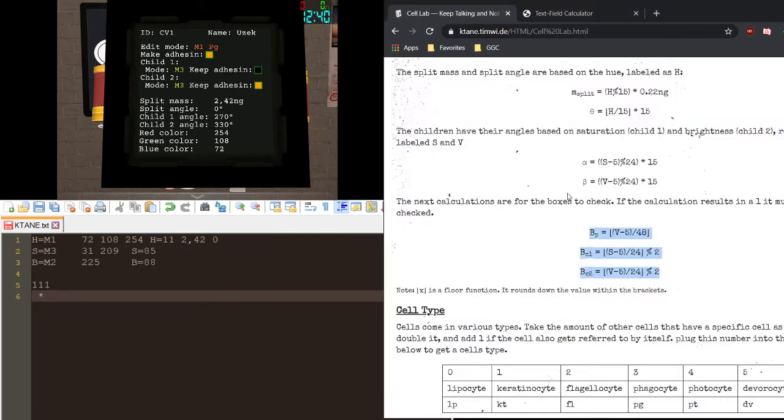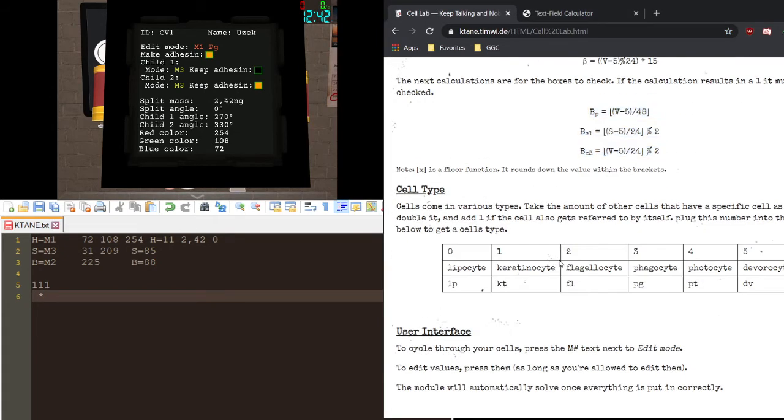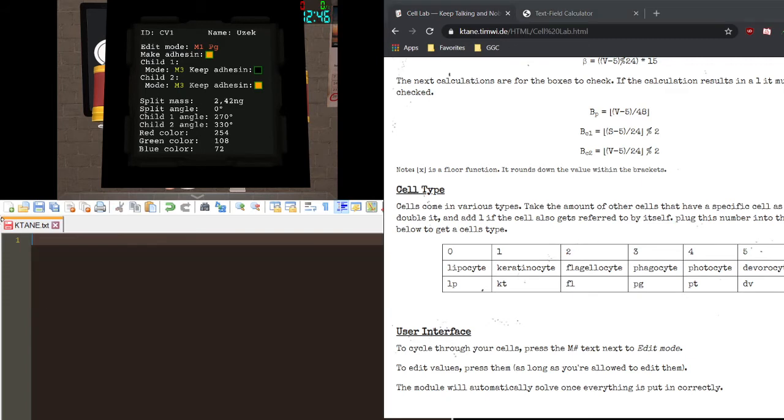Now we're almost done. All we need to do is figure out the cell types. And this is pretty much the most simple part of the entire module. This is a really easy process. If either of the children's cell number is the same as this cell number, you add 1.